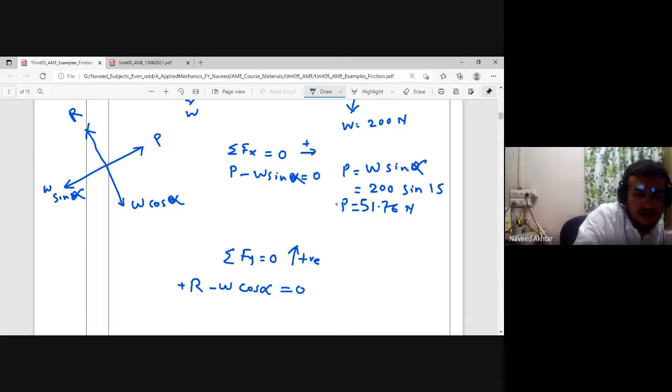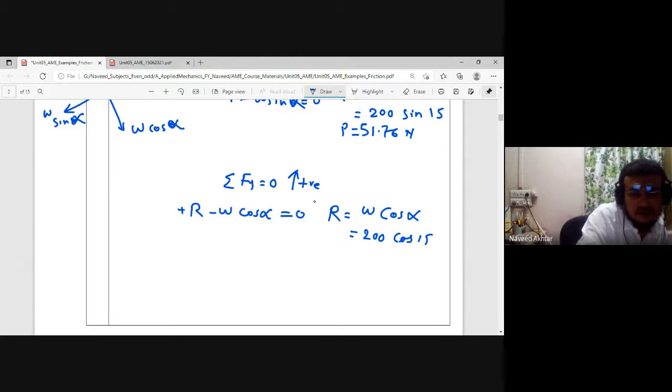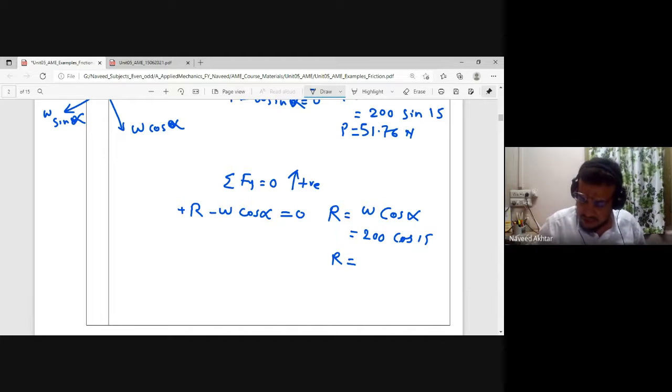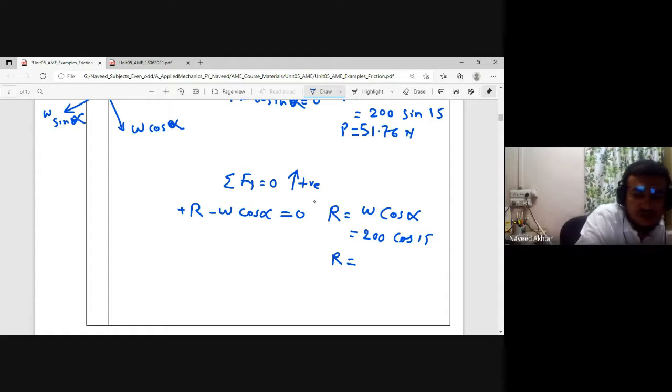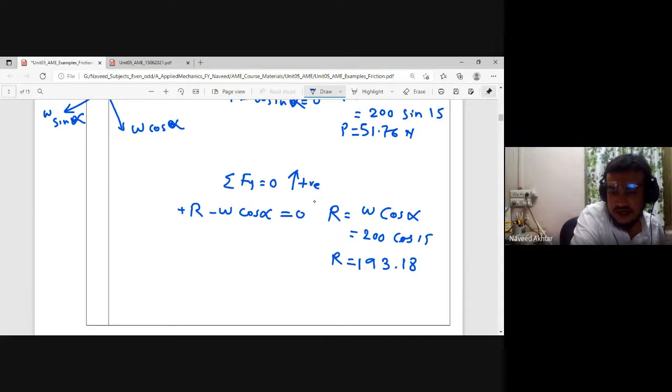So I will write R is equal to W cos alpha, W is 200, cos of 15, it will give the value of R. Okay? R is equal to, cos of 15 is nothing but 0.965 into 200. So it is coming R is equal to 193.18.